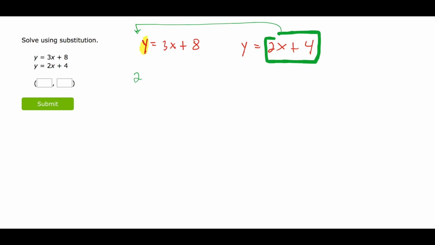So you're going to get 2x plus 4 equals what? That just came from the other thing over there. So 3x plus 4 equals what?